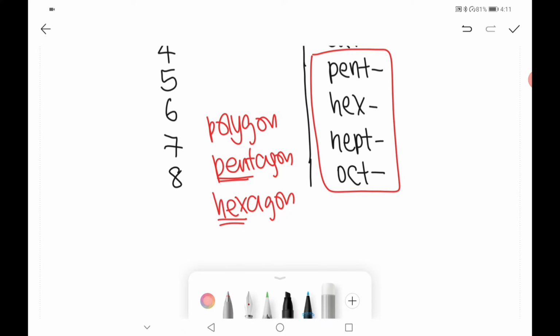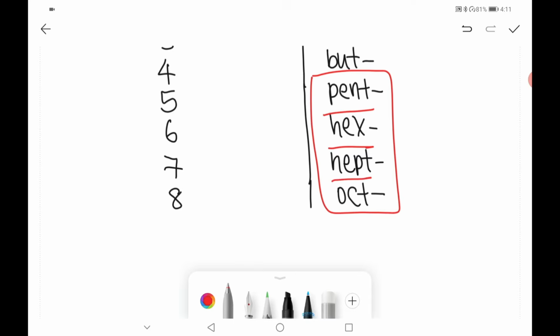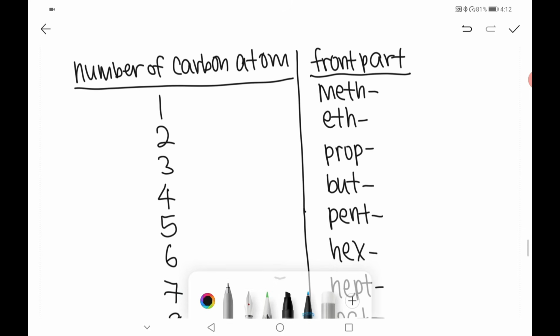So 5 to 8 is quite straightforward: pent, hex, hept, and oct. But many students find the first 4 a little bit hard to memorize. By right, 3 normally they will think of triangle, should be tri. But they don't call it tri, they call it prop.